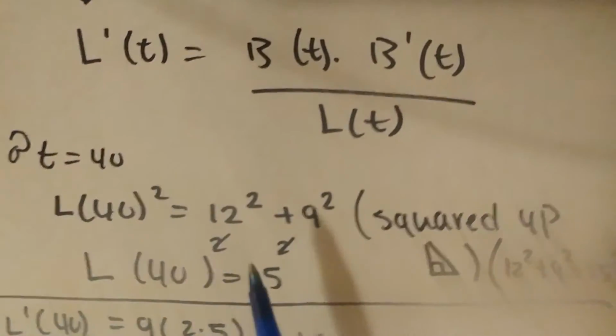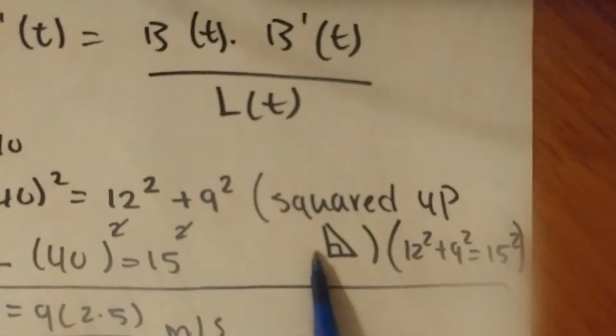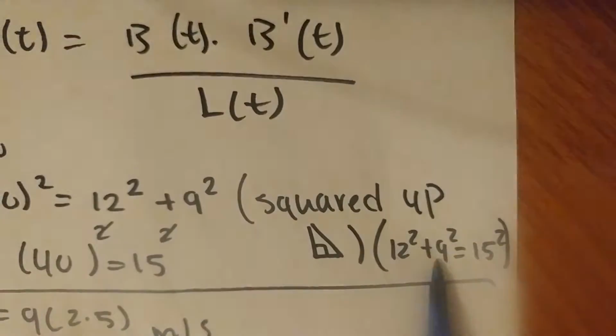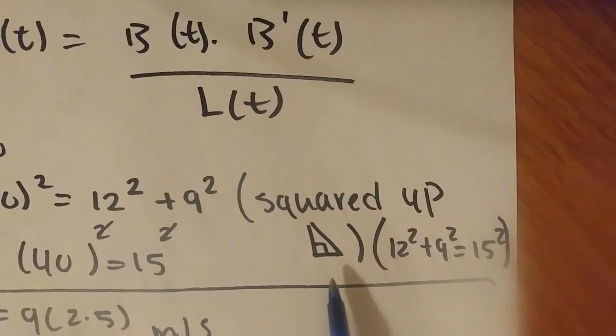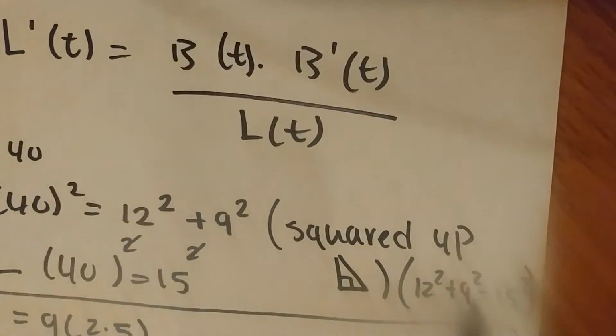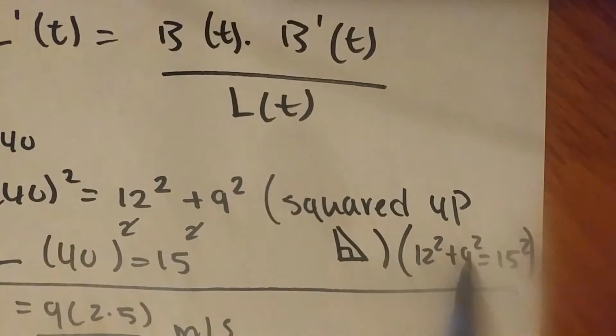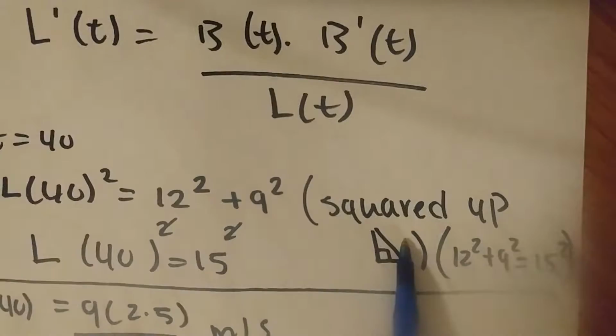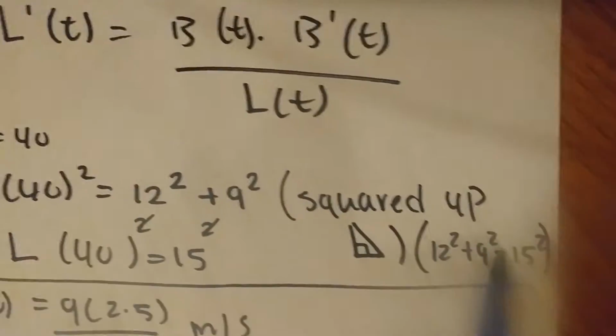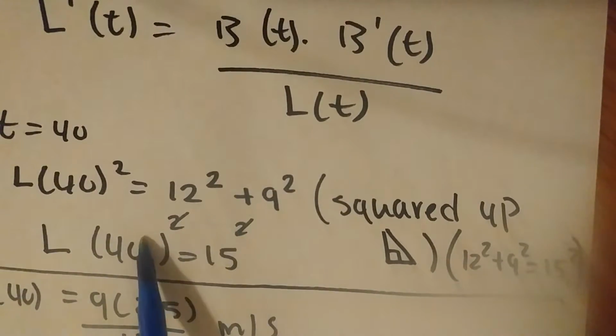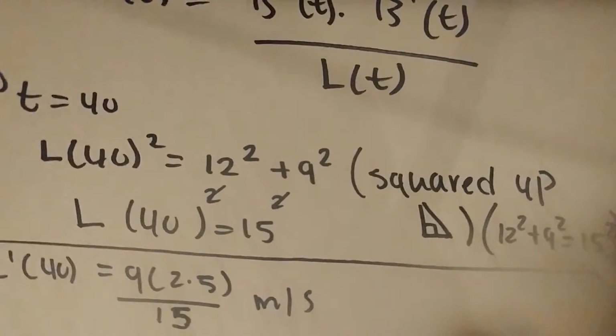This is just a right triangle that works with the Pythagorean theorem. 12 squared plus 9 squared equals 15 squared. So it would be 15. The squares just cancel off, and L of 40 equals 15.